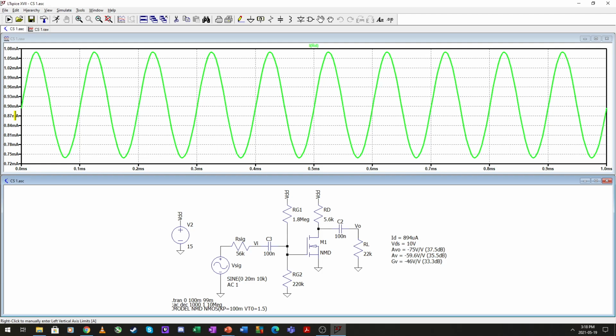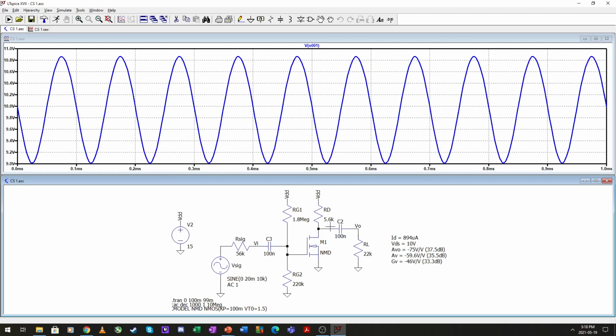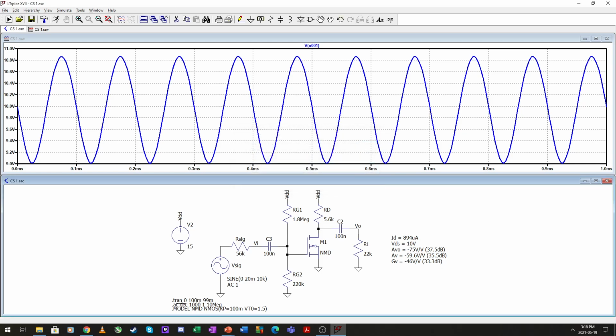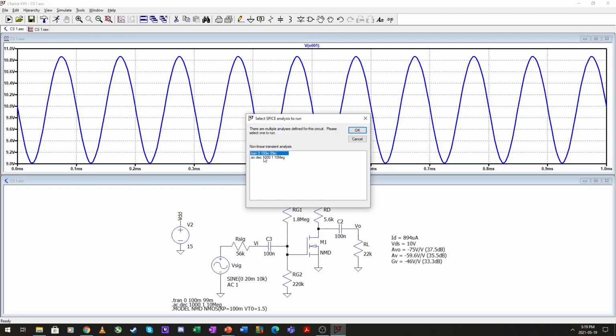Here at 0.9 milliamperes, and here almost at 10 volts over our VDS right here. So I would say that our analysis by hand matches our amplifier in a simulation quite well.